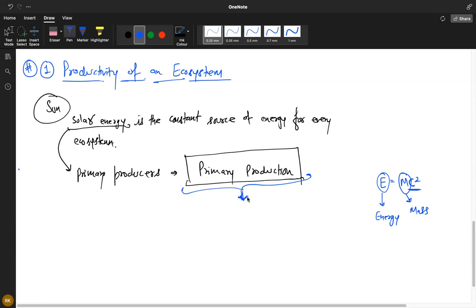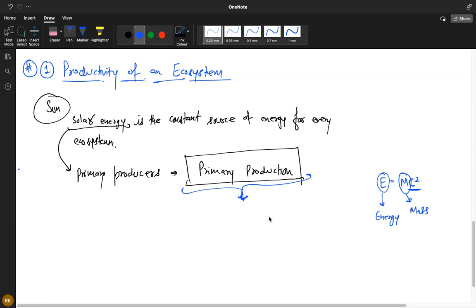For example, the earth itself has a mass, but biomass will not include the mass of the rocks, the oceans, or the soil, but it will include the mass of bacteria, every living component, basically every cell which is present.